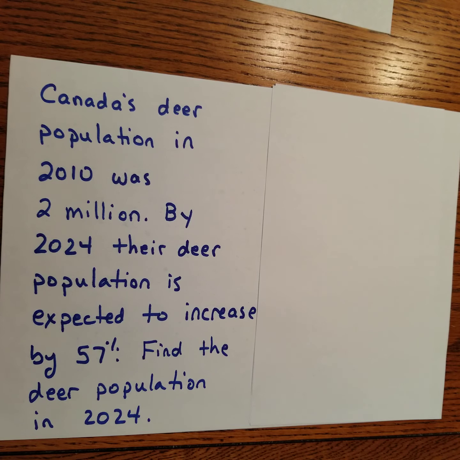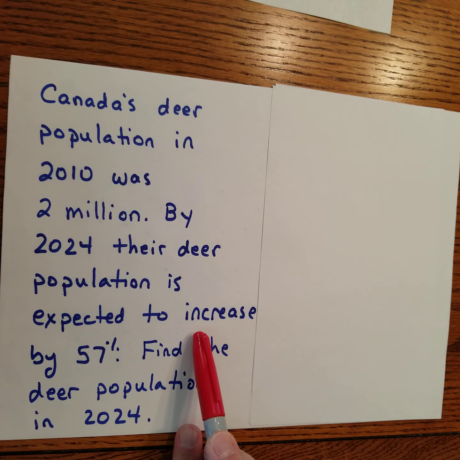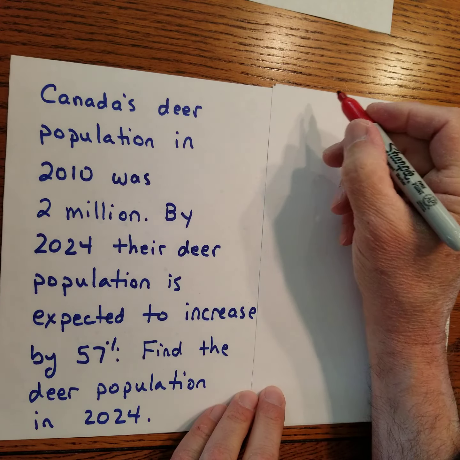Let's try another application problem. Just by scanning the problem, I see the word increase. That's a tip-off that we're probably looking at a two-step problem. Pause the video, read this problem through twice, then turn the video back on and we'll work it together. Let's get the formula ready.